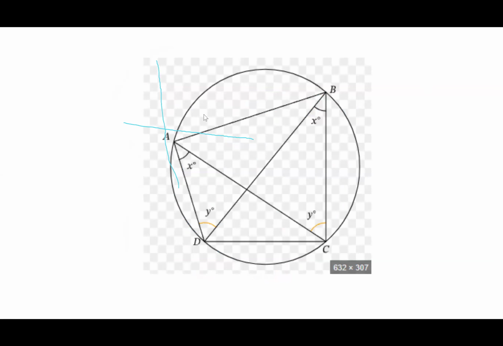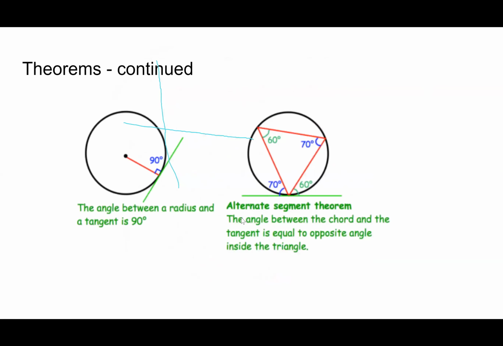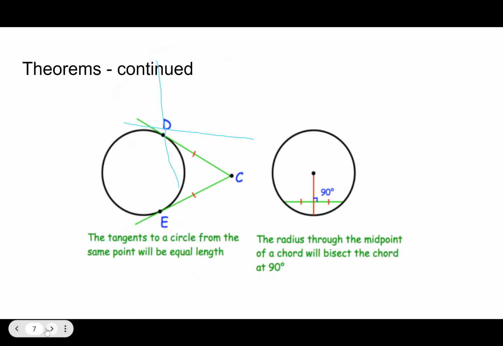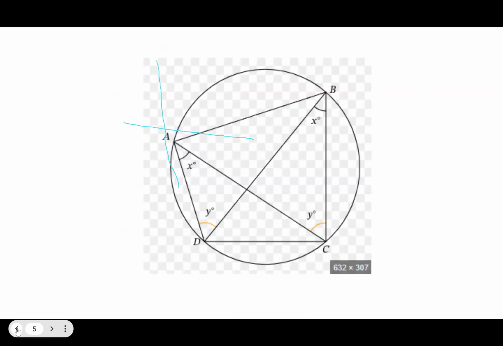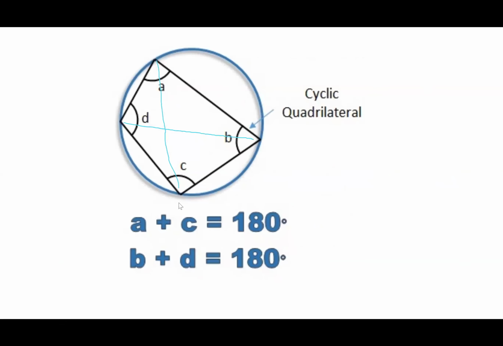So A and C are angles in a semicircle, 90 plus 90. Wait, let me just go back. Right, so you're saying that A and C in semicircles are 90. So we're saying that A and C are angles in a semicircle.